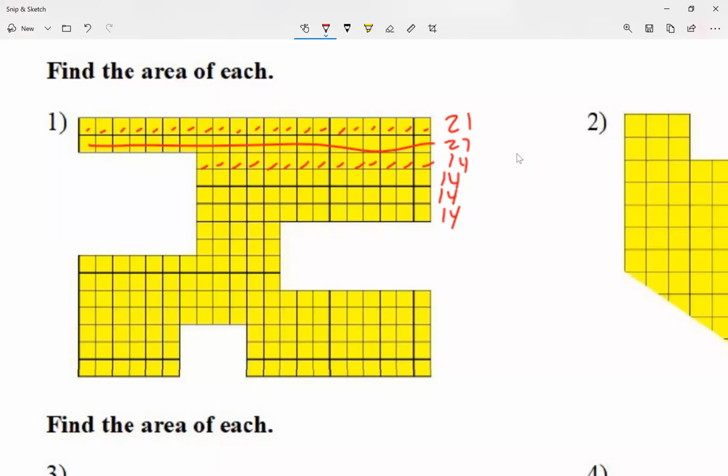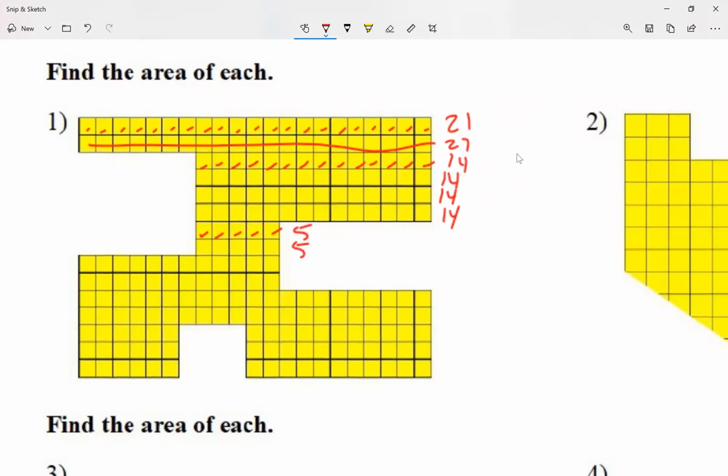And then here I have, let's say, 1, 2, 3, 4, 5, plus another 5. And then here, 1 through 12. So this is 12 plus another 12.